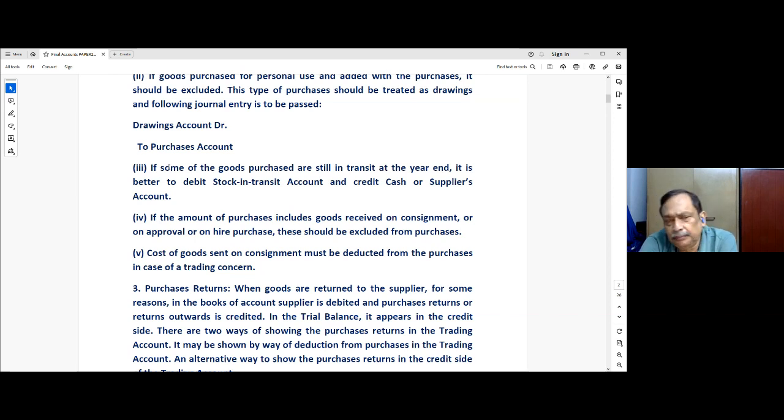Then we are coming to point number four with reference to purchases. If the amount of purchases includes goods received on consignment. Now, let me tell you what is the meaning of consignment.